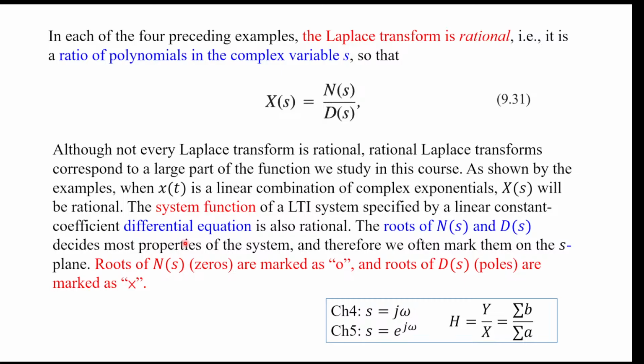They will also be the values of s where big X of s equals 0, and we mark them as this O on the complex plane. And the roots of D, the values of s where D of s equals 0, will also be the values of s where big X of s equals infinity. So those are poles of big X of s. We mark them with this cross on the complex plane.